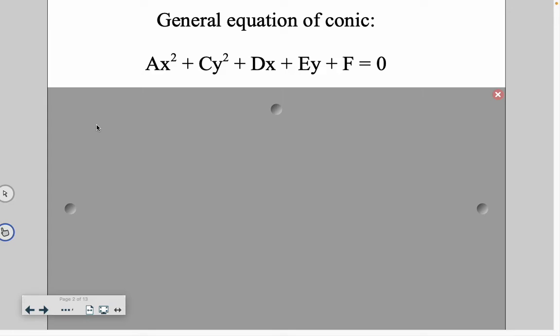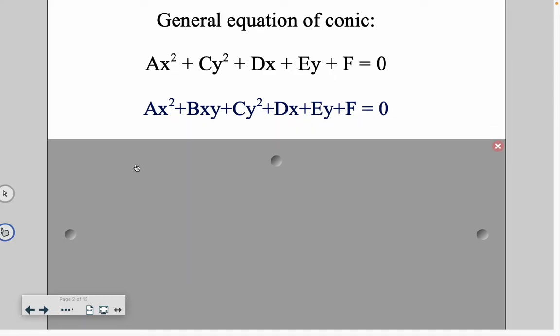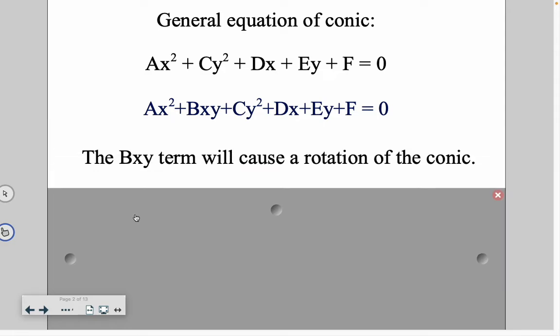But where we are headed this week is, we said last week there was something missing. There's a B missing here. Here's the B that's missing. What happens when we put that term in here is it takes the conic sections we were working on, which are normally stretched, let's say I'm going to use an ellipse for an example, either horizontally or vertically, and that Bxy term causes a rotation.